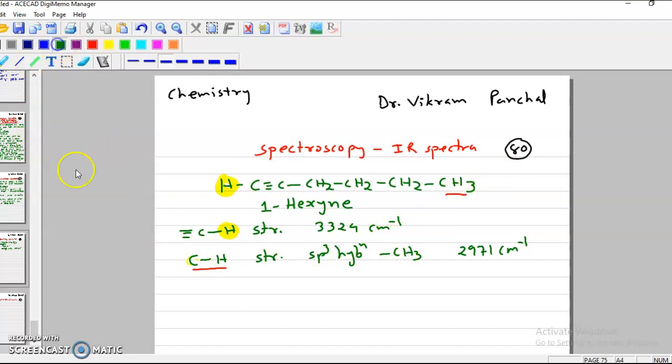Then there will be CH stretching for CH2, sp3 hybridized of course, the methylene groups, and you know that there are many methylene groups in this, and we will observe it at 2879 centimeter inverse, and this is due to the presence of these groups. CH stretching is because of methylene groups.